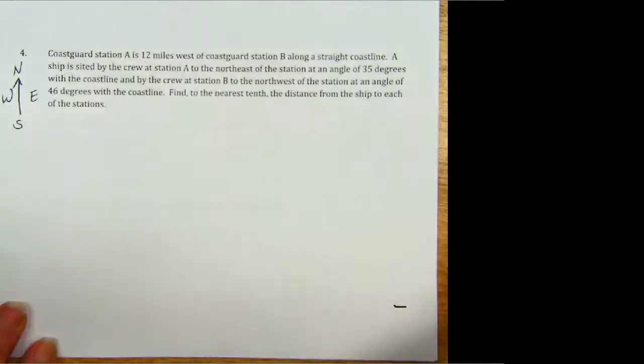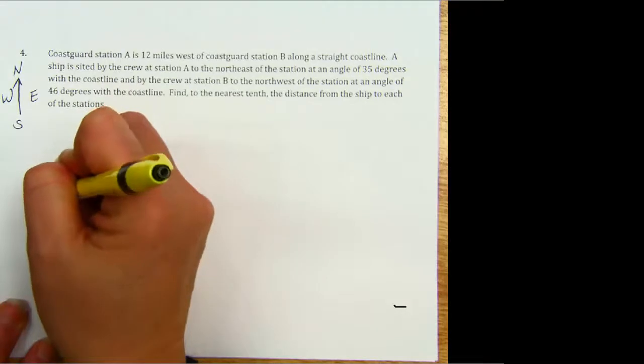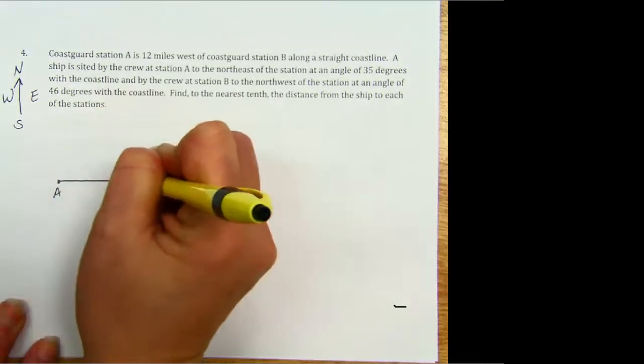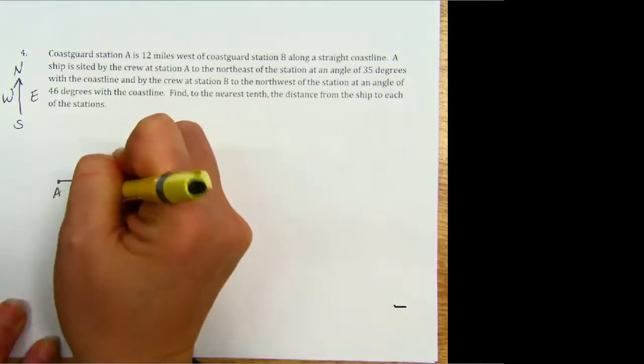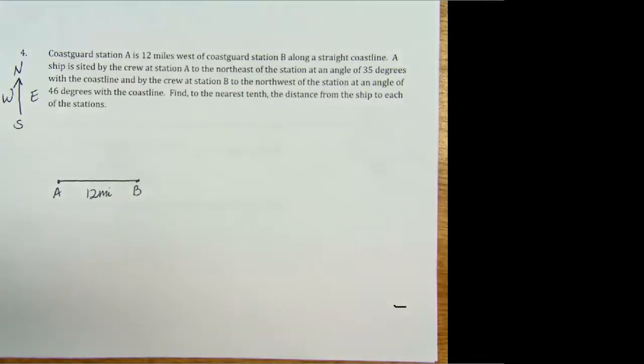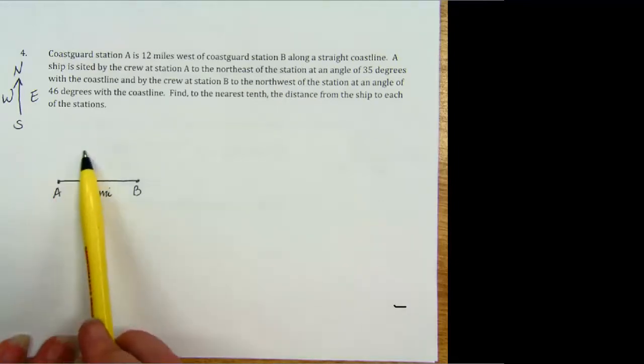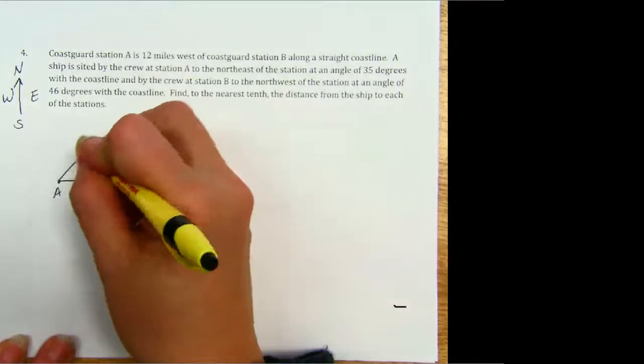Finally, we have number 4. Coast Guard Station A is 12 miles west of Coast Guard Station B along a straight coastline. A ship is sighted by the crew at Station A to the northeast of the station at an angle of 35 degrees of the coastline. So you can draw that in.